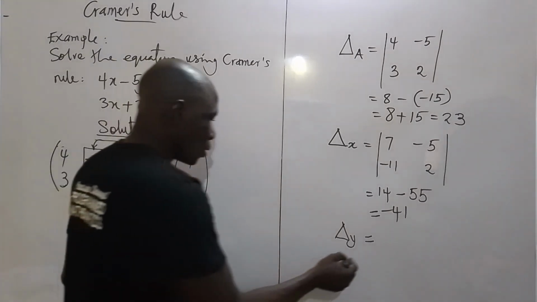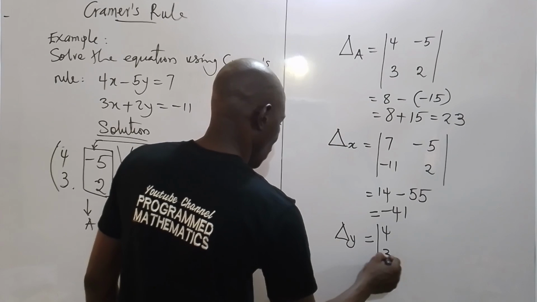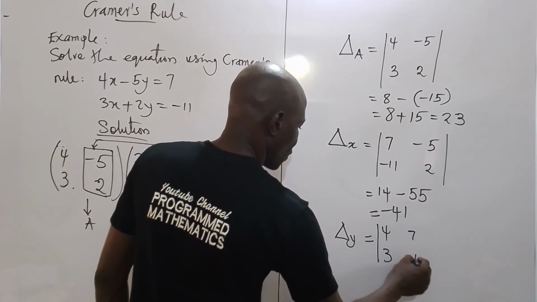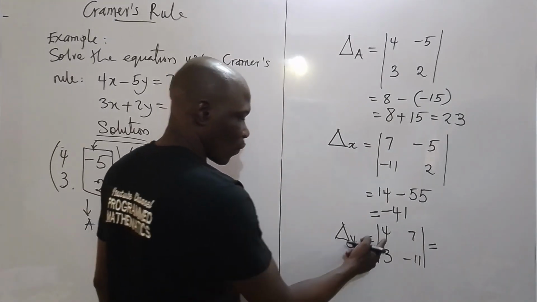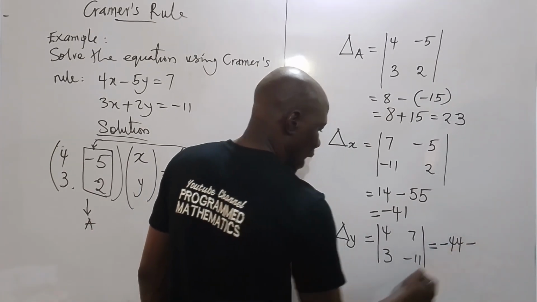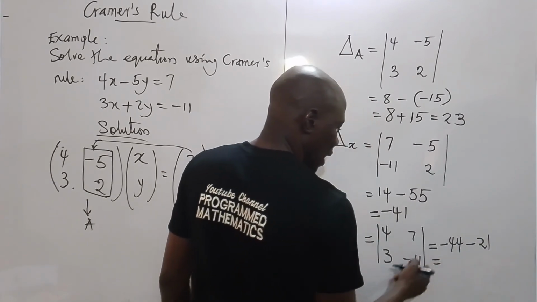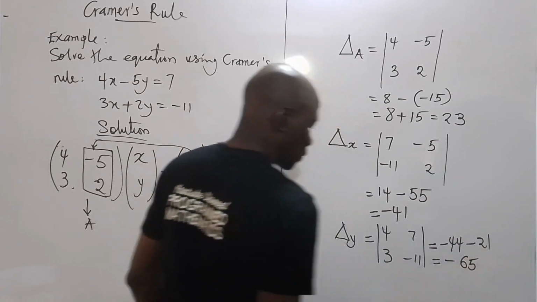That means we calculate the determinant of 4, 3, then 7, minus 11. If we calculate the determinant of this as well, 4 times minus 11 is minus 44, minus 7 times 3 is 21. Together, this will give us minus 65.